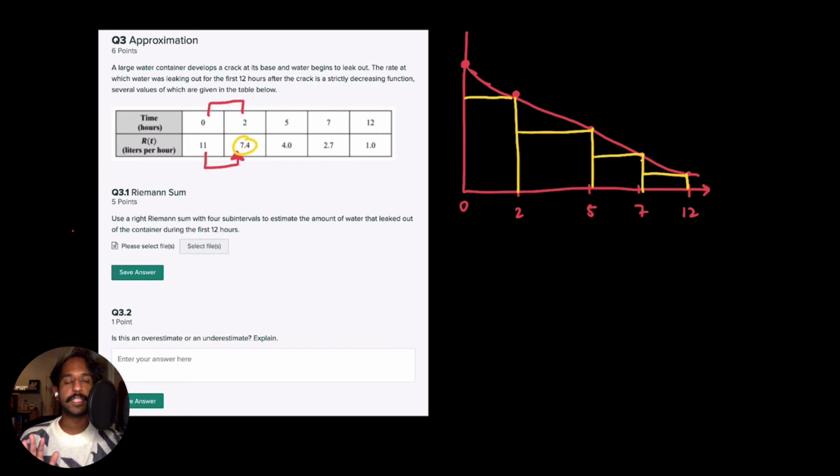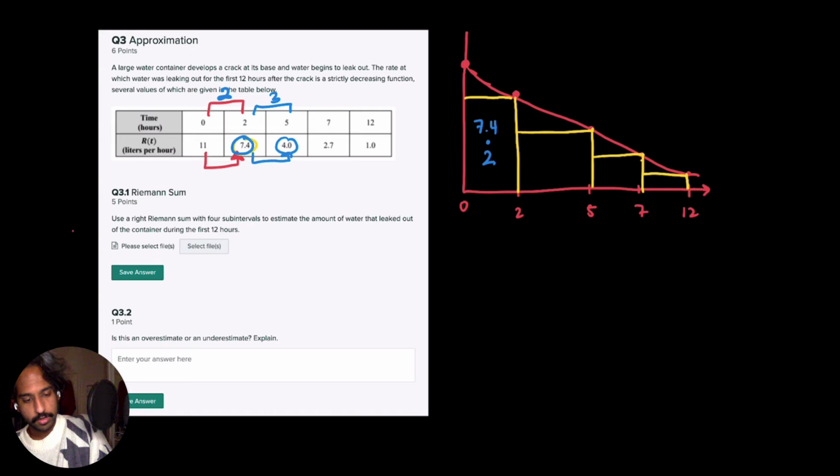Remember, in a right Riemann sum, the height is determined by the value on the right, and the width is determined by the change in our time. And I can talk about this in blue now. Here, I see that our width will be 2, and our height is 7.4. Now for the next one, our height is 4, and our width is 3. And so, this will be 7.4 times 2.